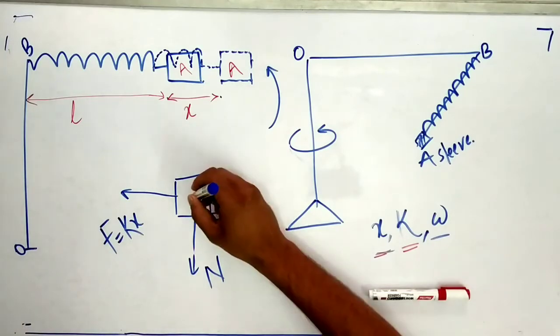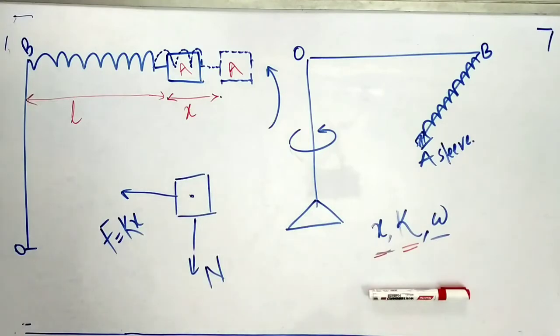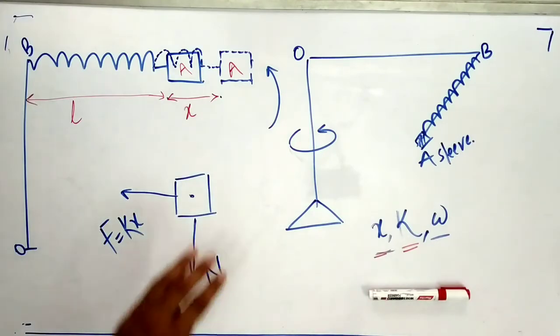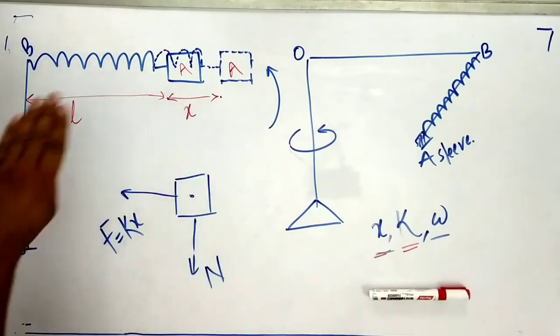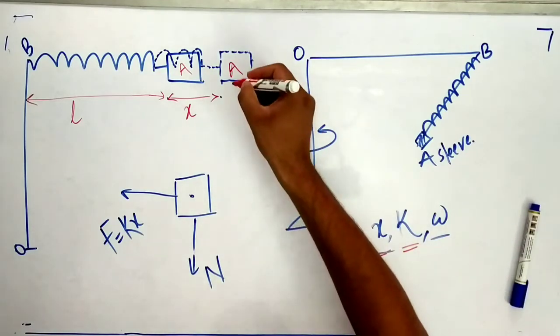Also there is a force downwards, mg, but we don't need to worry about it. It has no contribution in the motion in this plane. So these are the two forces. We are going to draw these two forces here.